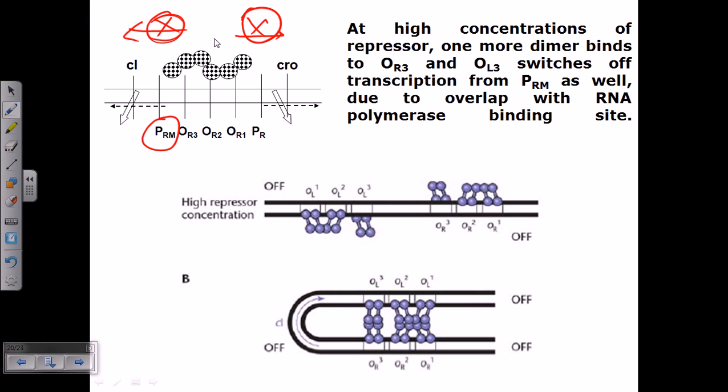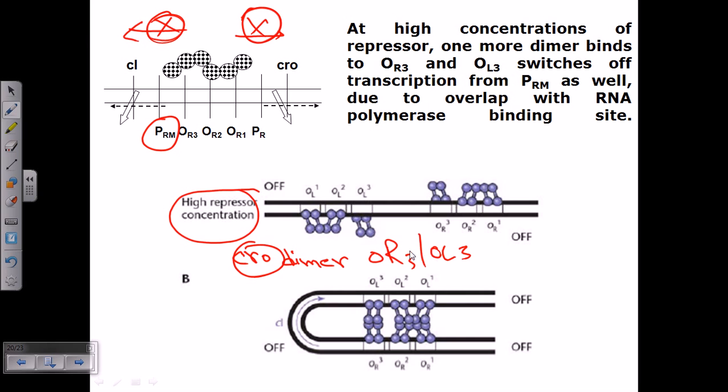So the transcription is blocked in both ways, and the lysogenic cycle will be repressed in this condition. The only way to repress it is by higher repressor concentration, because the Cro dimer will bind to OR3 last, as this third operator region has the least affinity for binding of Cro proteins.